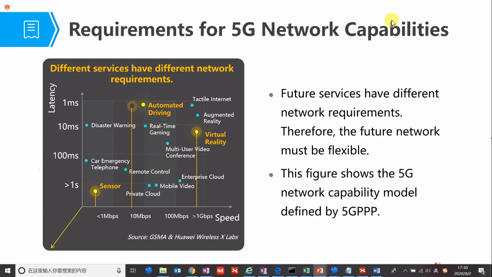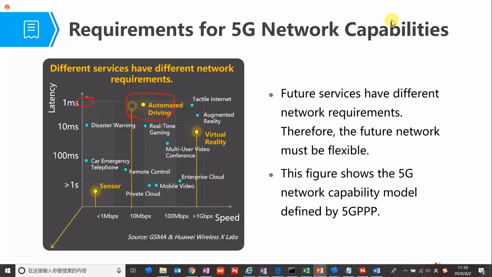And this picture shows us some typical services and the requirements of a network. For example, automatic driving is very sensitive to latency, so the latency must be small, it can reach 1 millisecond.